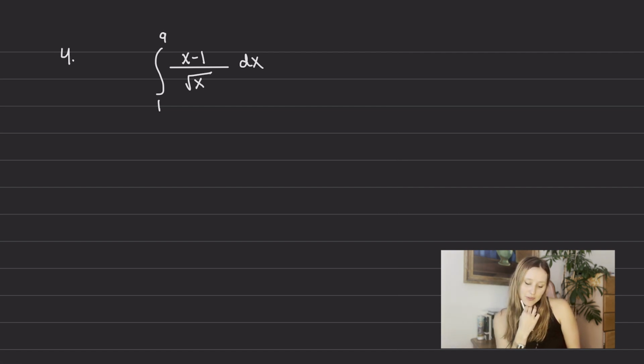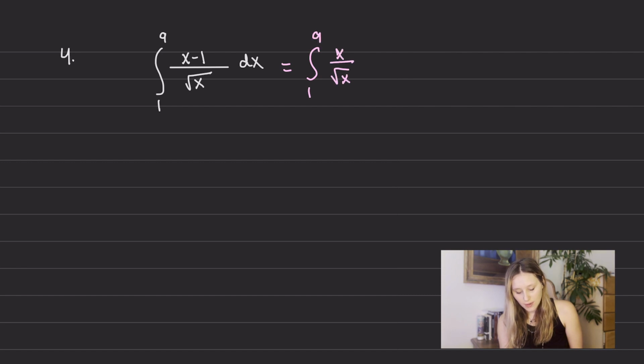Next, we are going to rewrite this as well, so we can separate the x and the 1 into 2 separate integrals, because that's going to make things easier. So we get the integral from 1 to 9 of x over root x dx minus the integral of 1 over root x dx.